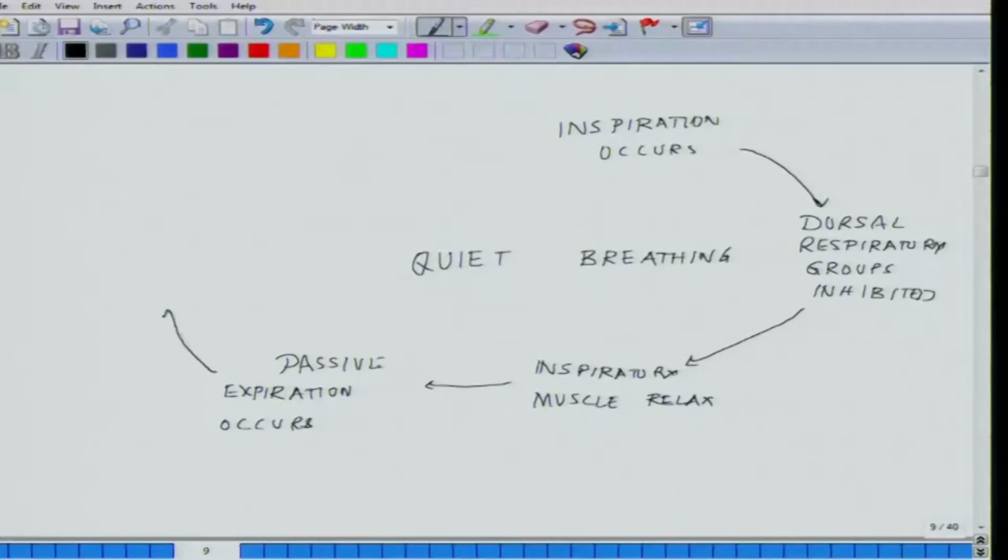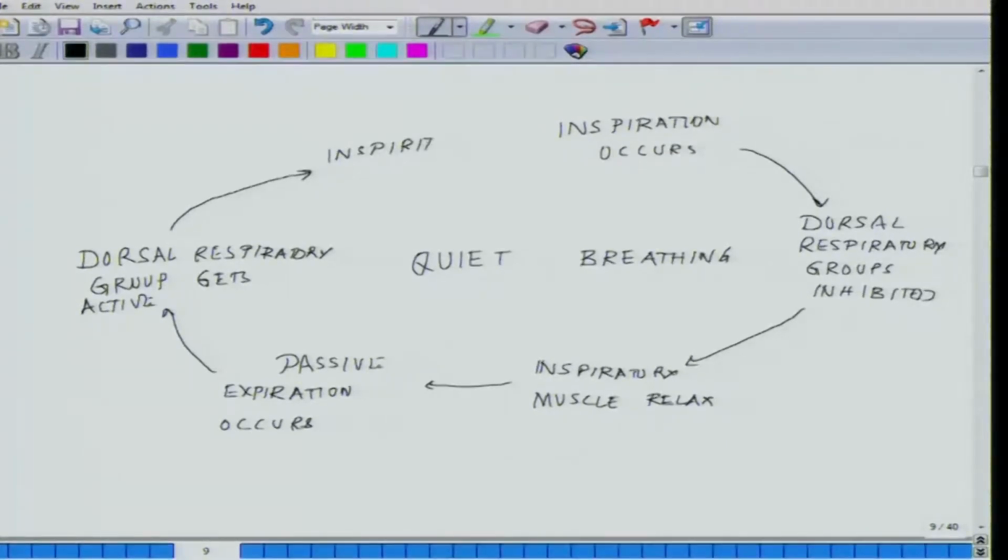This is followed by the dorsal respiratory group getting activated, and the inspiratory muscle contracts, and the inspiration takes place.